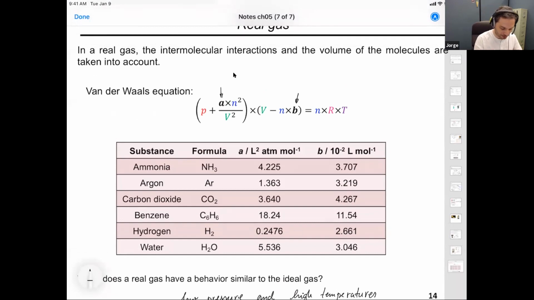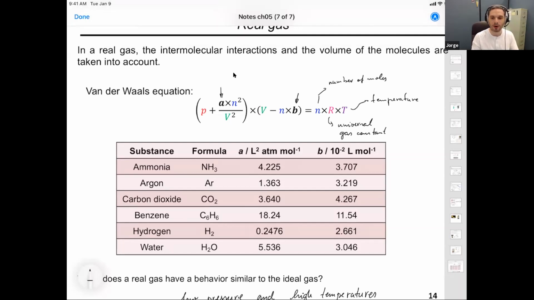On the right side of the equation, we have the same thing that we had for the ideal gas: n, number of moles, R, the universal gas constant, and T for temperature.